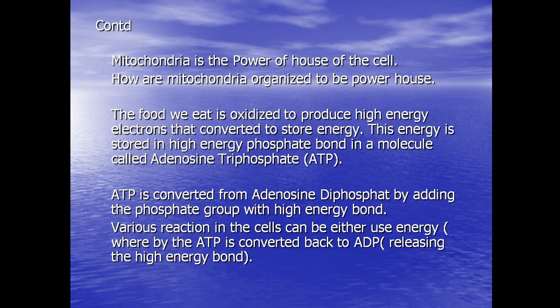So this is a continuous process. Now this conversion of ADP to ATP, adenosine diphosphate to adenosine triphosphate, is done especially in the mitochondria.